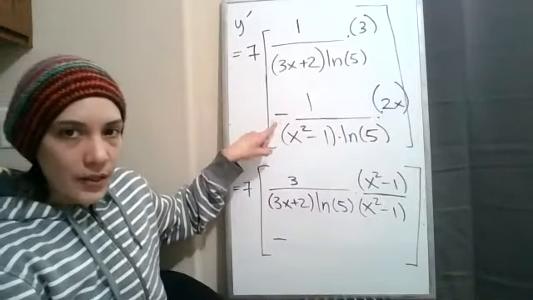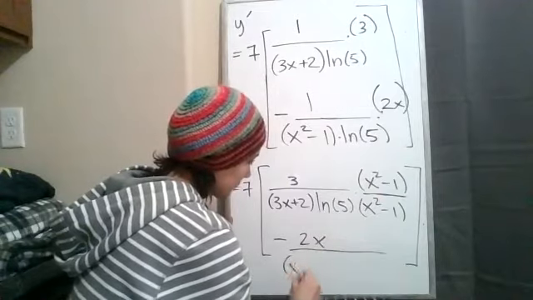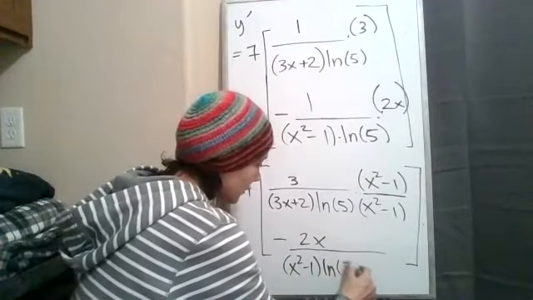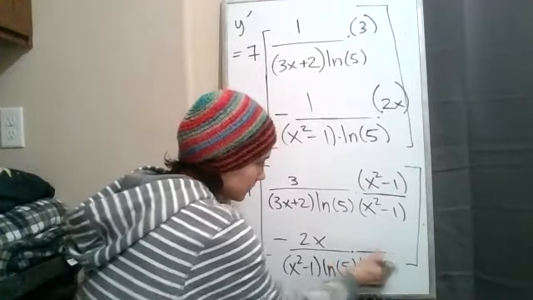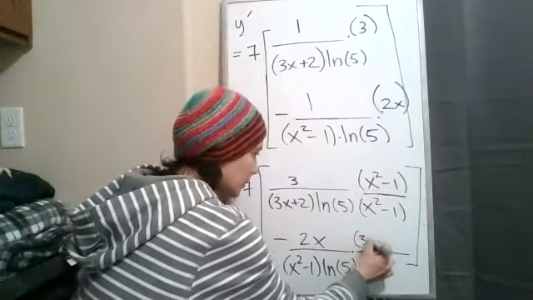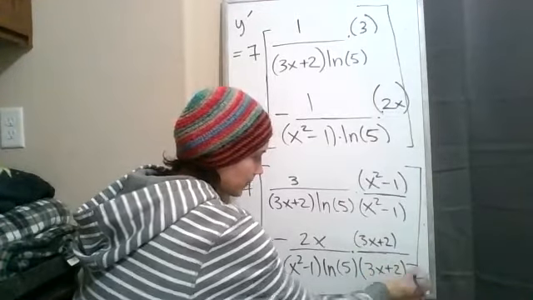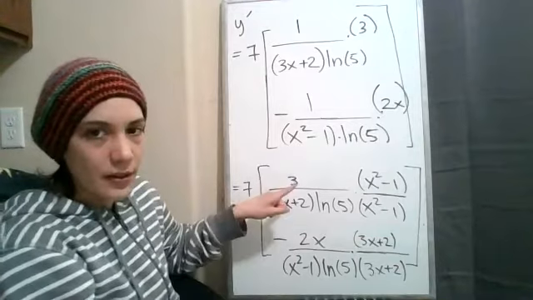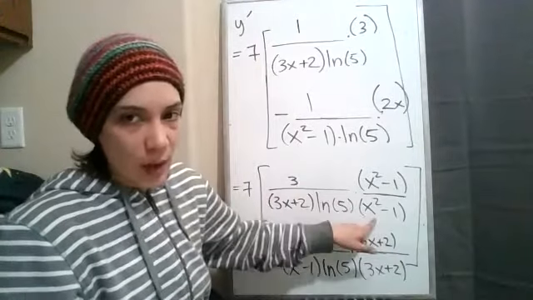Okay, so 2x over x squared minus 1 times ln of 5, and we're going to multiply by 3x plus 2 over 3x plus 2. Okay, so 3x squared minus 3.